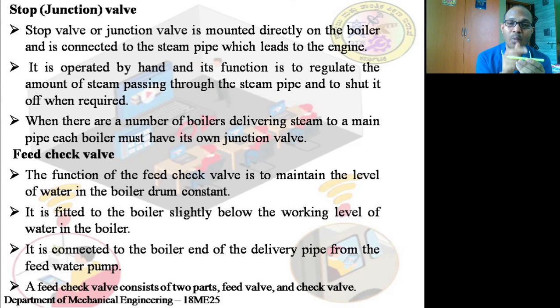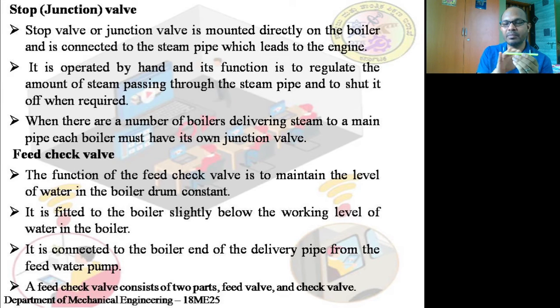So what is the amount of steam required for the turbine, which will be sent? One boiler cannot fulfill the requirement. Turbines are very huge in size, my dear friends. A turbine cannot be satisfied with the steam generated by a single boiler, so they will always be connected.